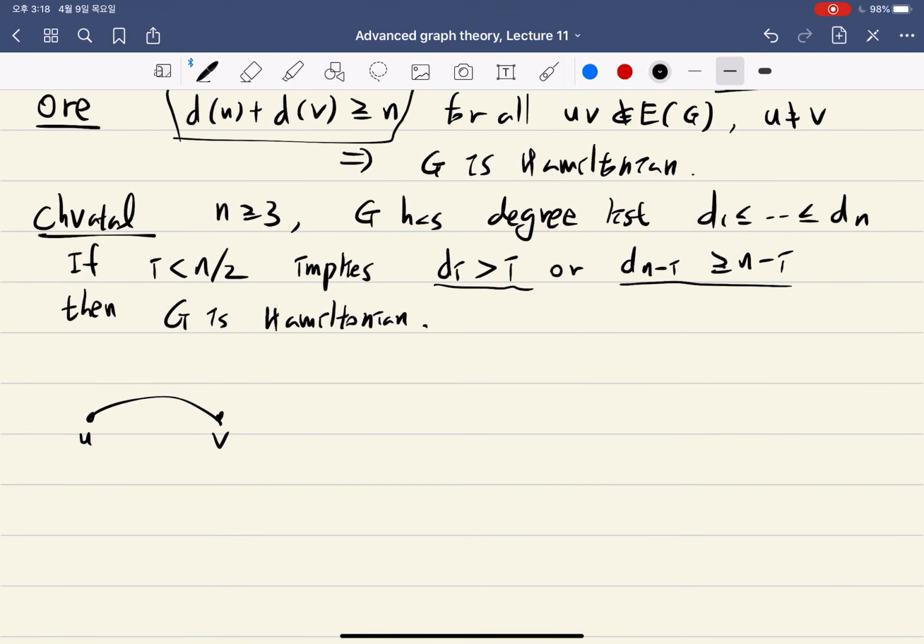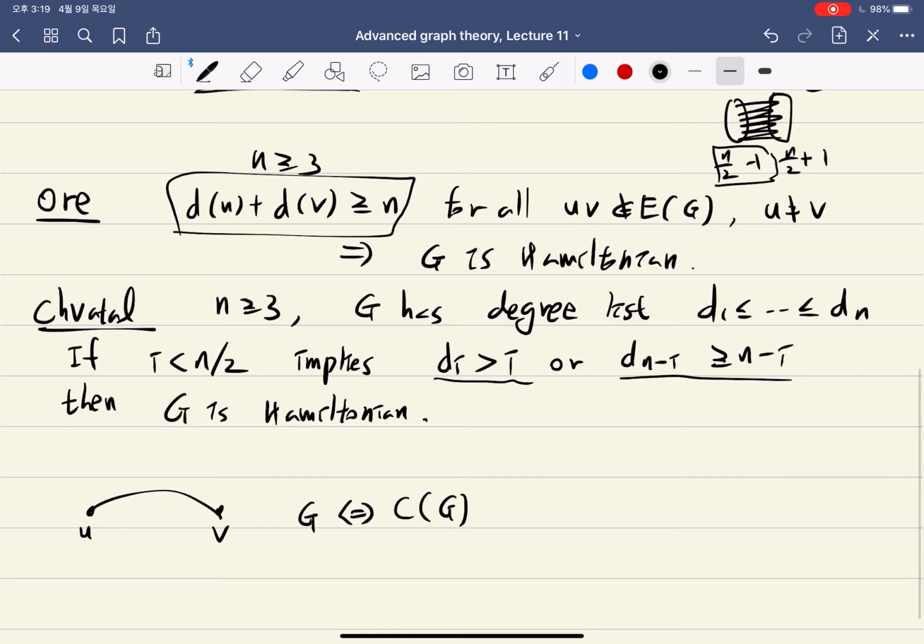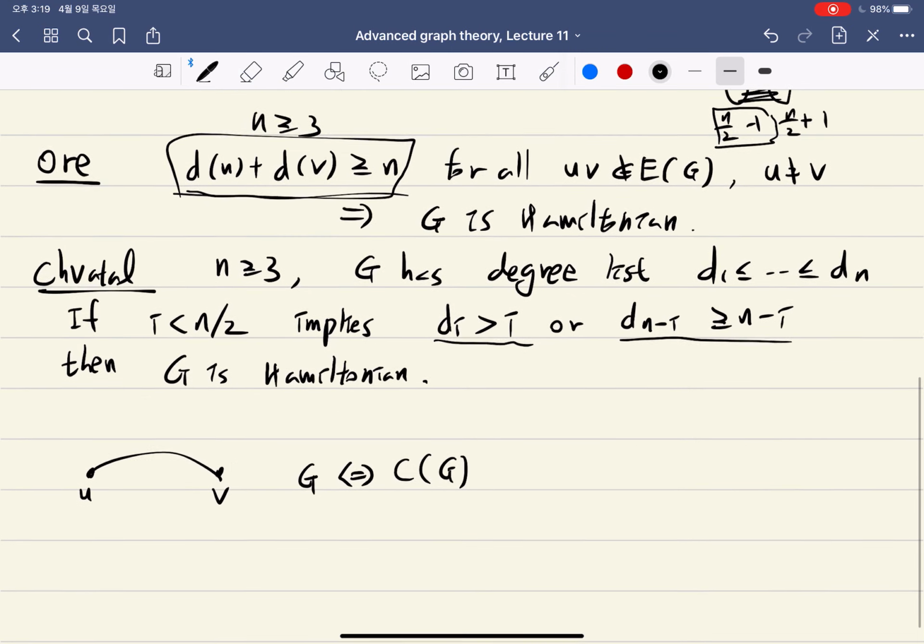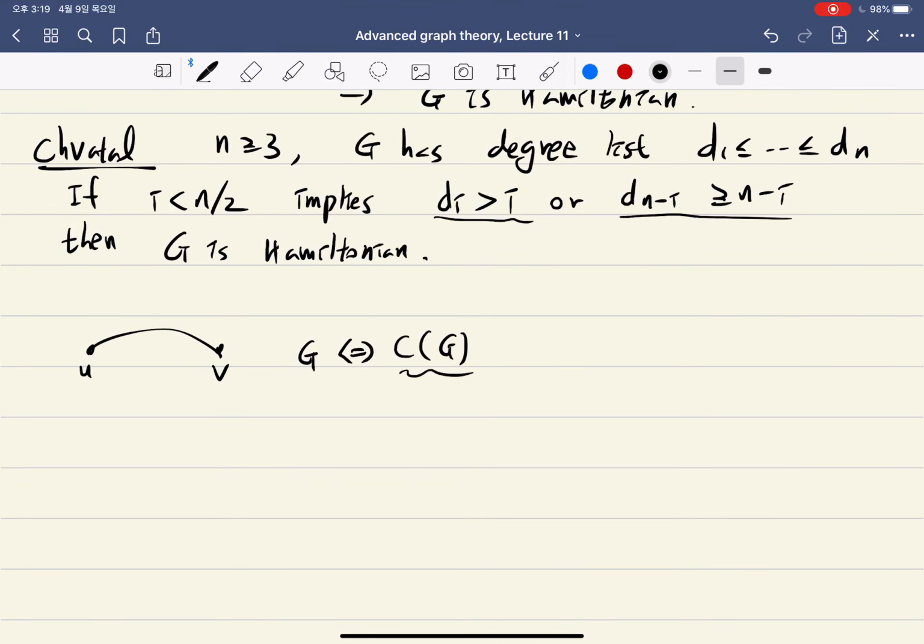And we keep adding edges until we cannot anymore, and we say that the resulting graph is the Hamiltonian closure of G. We prove that G is Hamiltonian if and only if its Hamiltonian closure is Hamiltonian. And we show that if this condition holds, then its Hamiltonian closure is the complete graph.